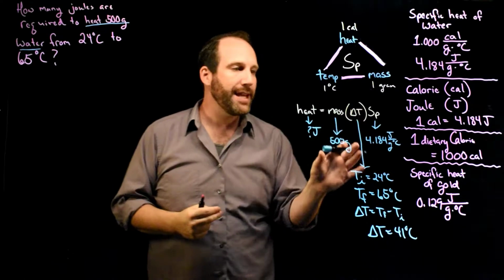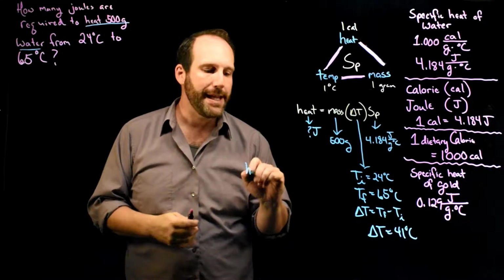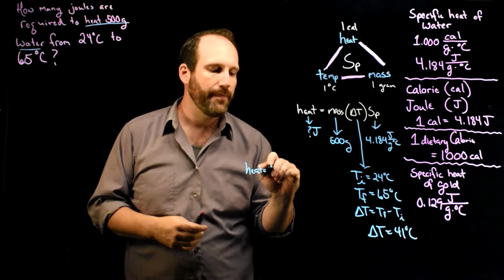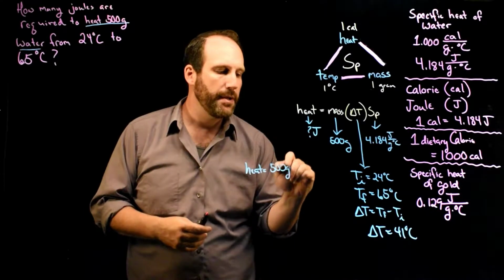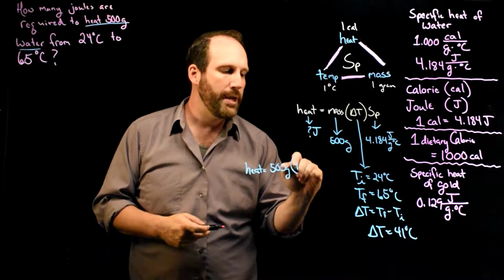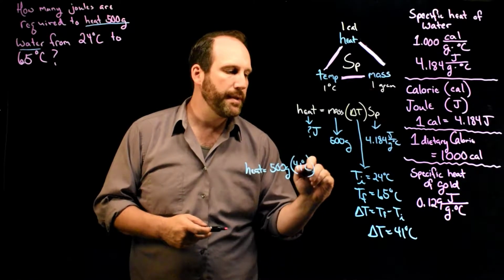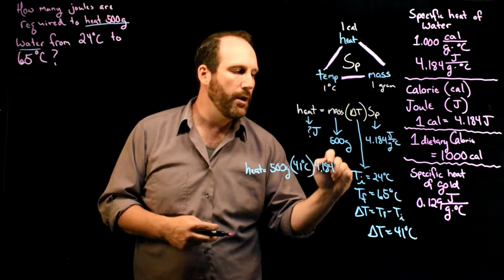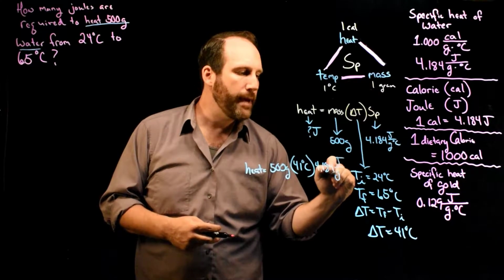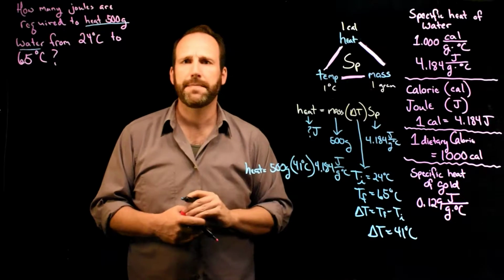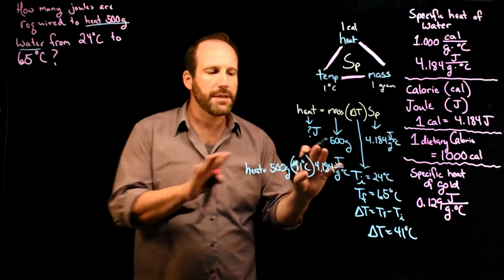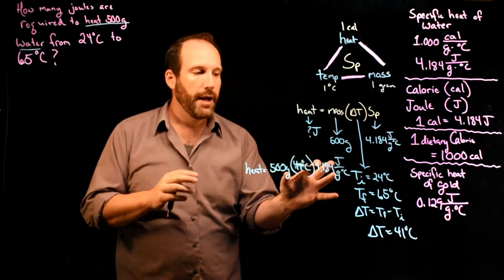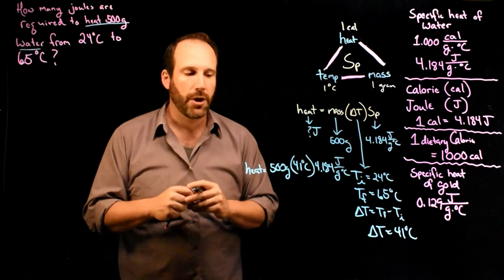And so the math here that I would need to do, heat is going to be equal to 500 grams times 41 degrees Celsius times 4.184 joules per gram per degree Celsius, okay? So let's put all this together before we actually use our calculator here.